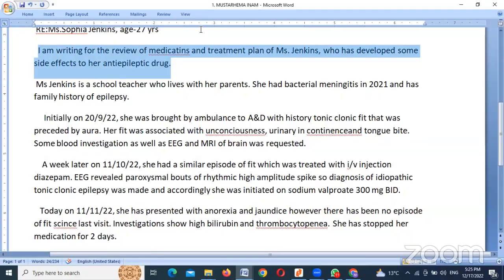But what comes first? The diagnosis or what we want from the reader? I would always prefer to write the diagnosis first and then write what we want from the reader. Dr. Nadeem asks, can we write BD, TDS?